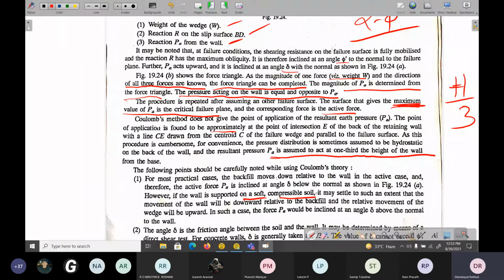In such a case, PA could be taken as inclined at delta above the normal. That means this is the wall, right? Sometimes when the wall tries to sink in a soft soil, then the wedge may move up. Then in the reverse direction we will take it. Understood? That's what is given.